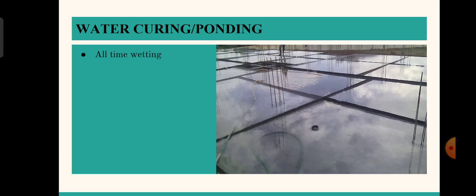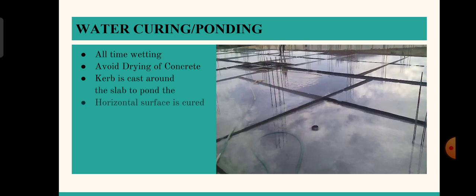Almost most of the time, a curb is cast all around the slab, which helps to pond the relevant area. So you can just observe in this pictorial representation, the curb is cast all around the slab, so that there will be some water which will remain stagnant on that relevant surface, so that the surface remains wet without drying.